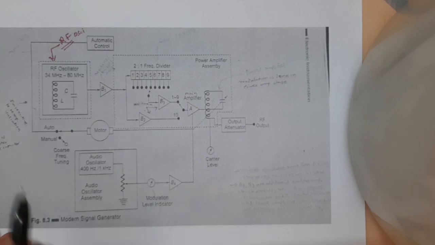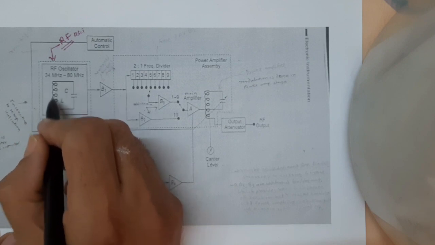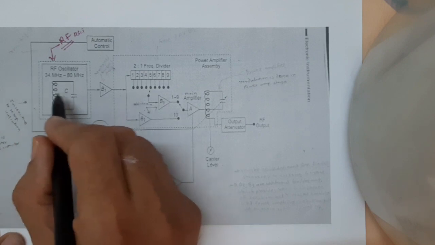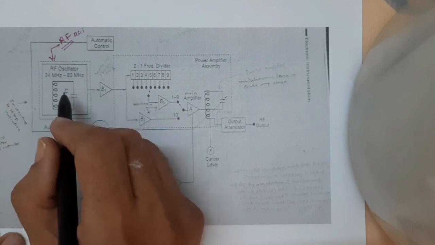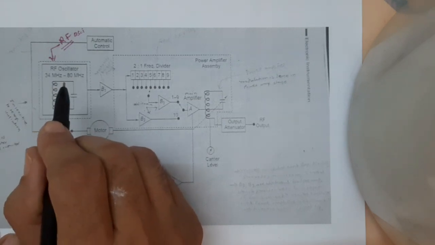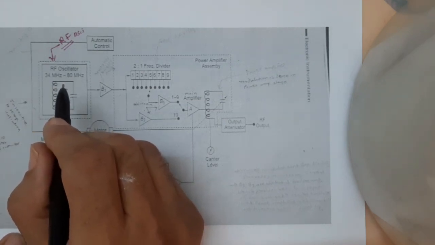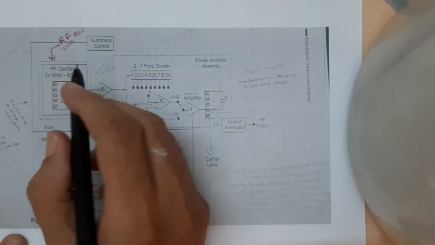It is nothing but an LC tank circuit. You see here, this is L and this is C. With the help of L and C, this is the LC tank circuit. That is nothing but our LC oscillator, right? This LC oscillator is also known as the master oscillator.